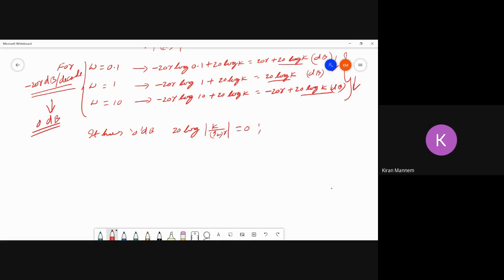So I can write minus 20r log omega plus 20 log k must be equal to 0. With simple mathematics, you will get omega equal to k whole to the power of 1 by r. So your straight line will touch the 0 dB line when omega equal to k whole to the power of 1 by r.